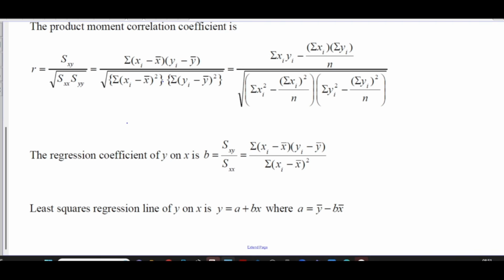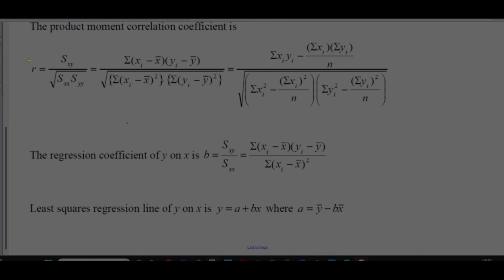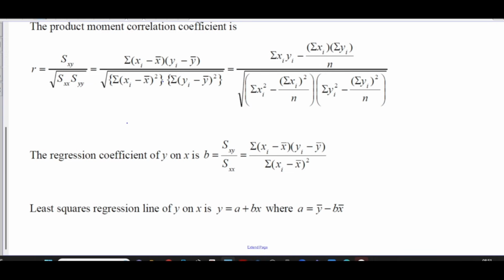So I'm going to take this information here, and I'm going to hopefully use it to find what we need.